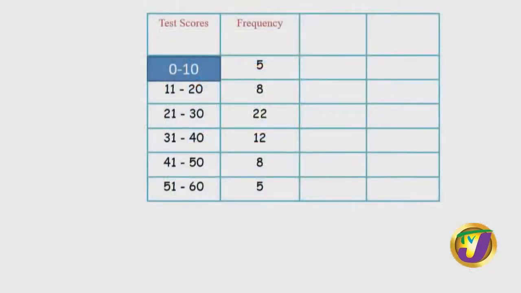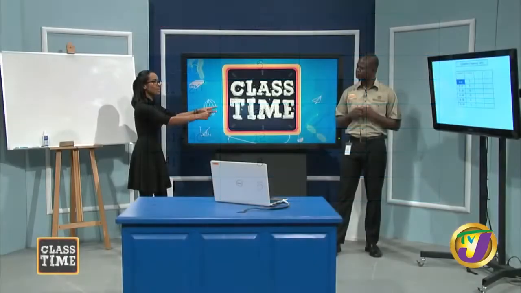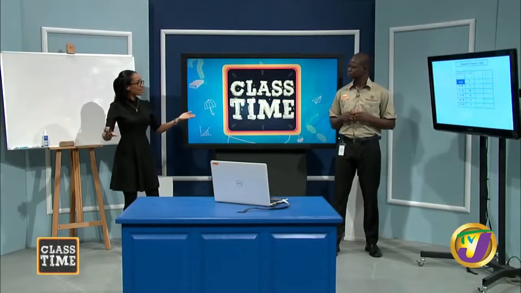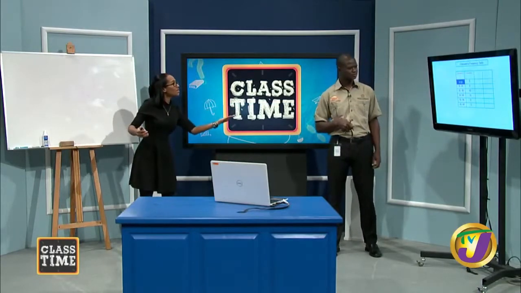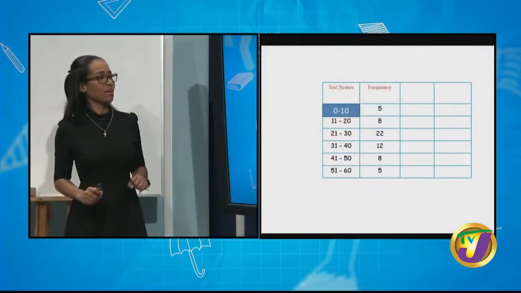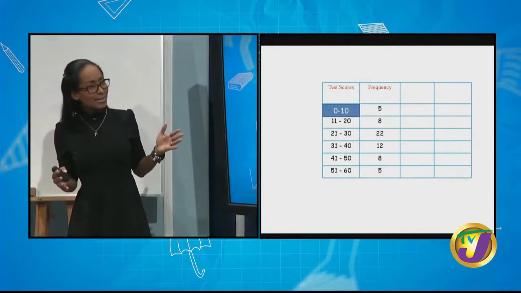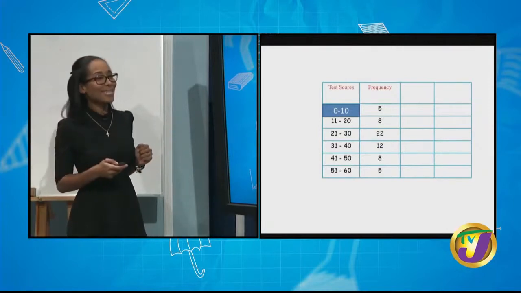What would be the frequency in the 3rd class? In the 3rd class, I see 22, which means 22 students received test scores within that class, between 21 and 30. You are correct.